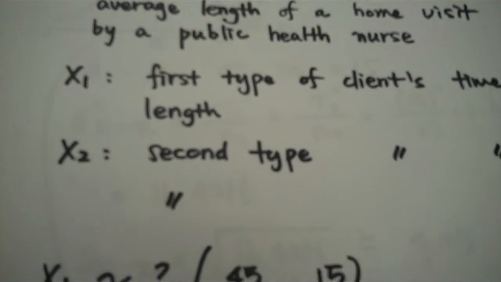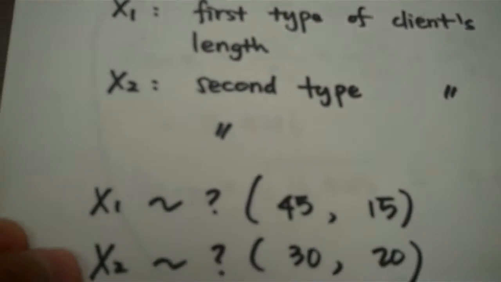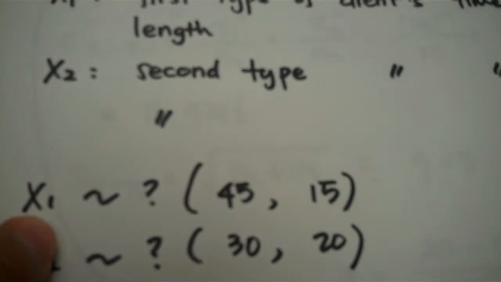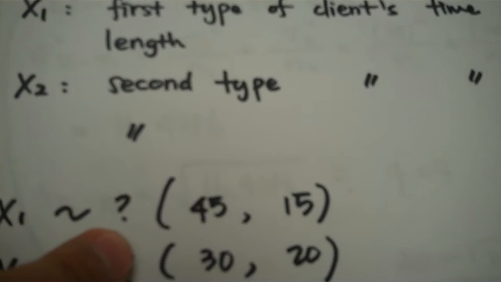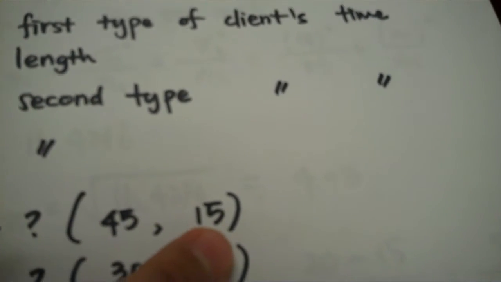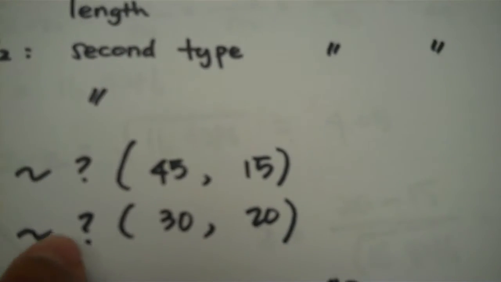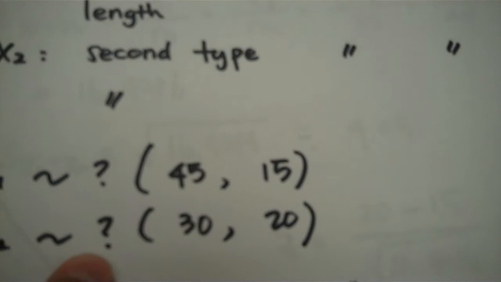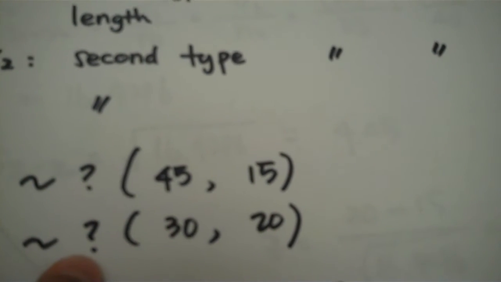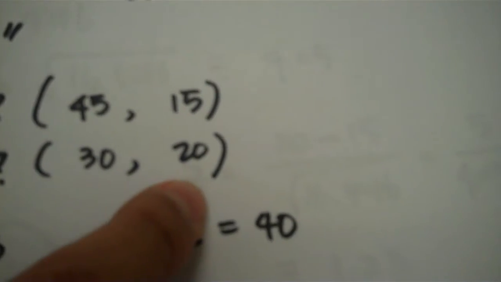From the information in the question, x1 follows, we don't know if that is normal or not, but the mean is 45 and the standard deviation is 15, and x2, same thing, we don't know the distribution, but the mean is 30 and the standard deviation is 20.